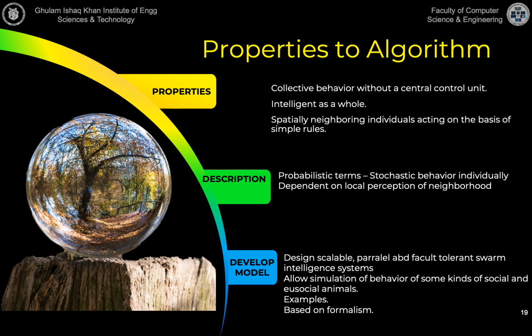Because of the above properties, it is possible to design swarm intelligence systems that are scalable, parallel, and fault tolerant. So what do I mean by scalability? Scalability means that a system can maintain its function while increasing its size without the need to redefine the way its parts interact. Because in a swarm intelligence system, interactions involve only neighboring individuals, the number of interactions tends not to grow with the overall number of individuals in the swarm.